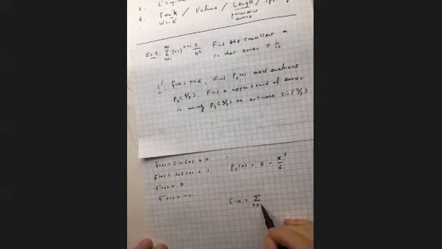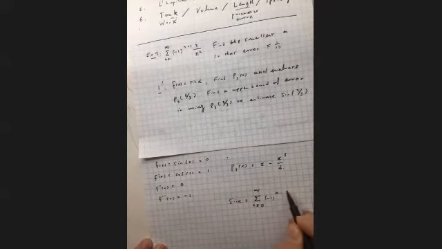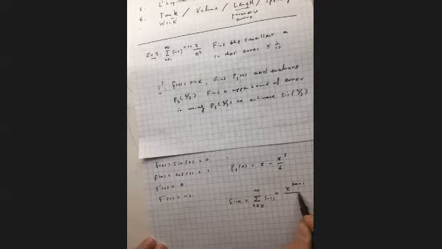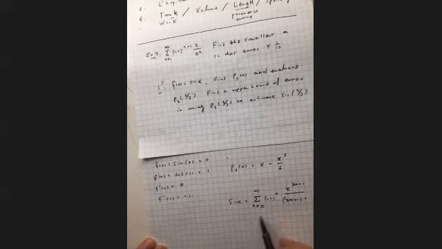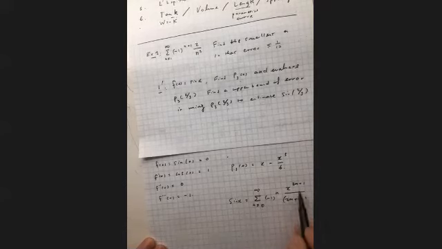Generally, people use n equals 0 to infinity. So this is the power series expansion of sine. As you can see, when you choose n equals 0, that's why you get 2n plus 1. If you choose n equals 1 as your initial term, this would be 2n minus 1. That's where I'm not quite sure how to use.